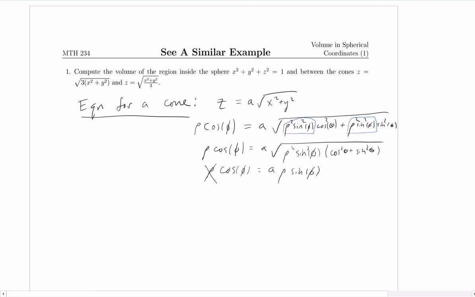And there's a rho on both sides, which we can cancel. And now if we divide both sides by cosine phi and divide both sides by a, we get 1 over a is the tangent of phi. And so this is the equation. A cone, given in this original form, can be written in spherical coordinates as the tangent of the angle phi is equal to 1 over a.